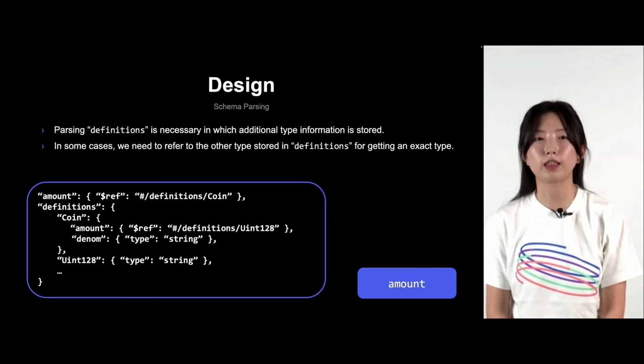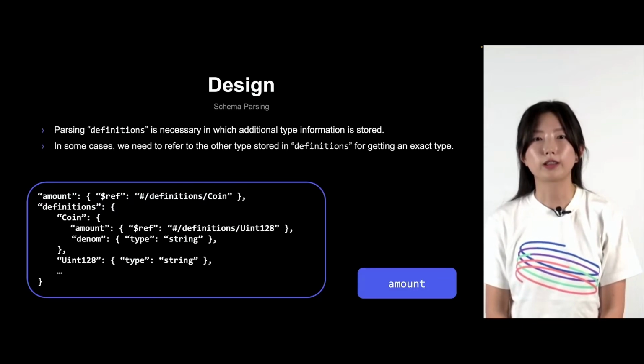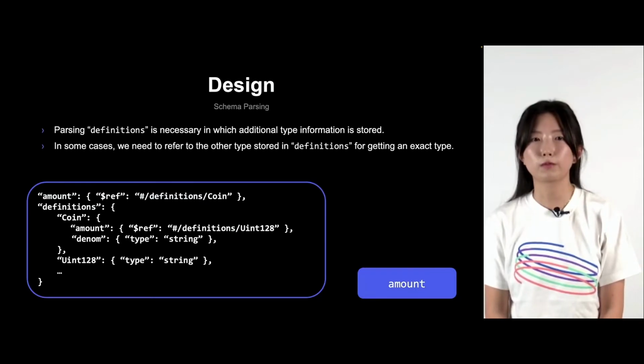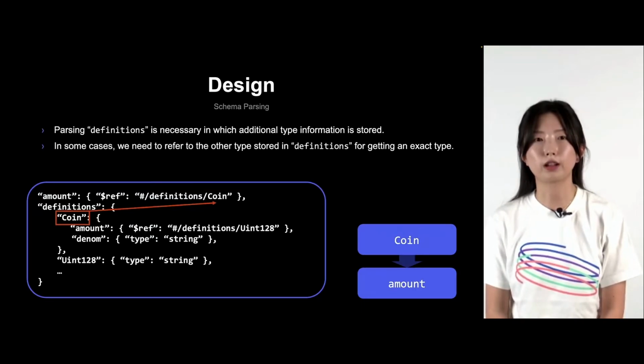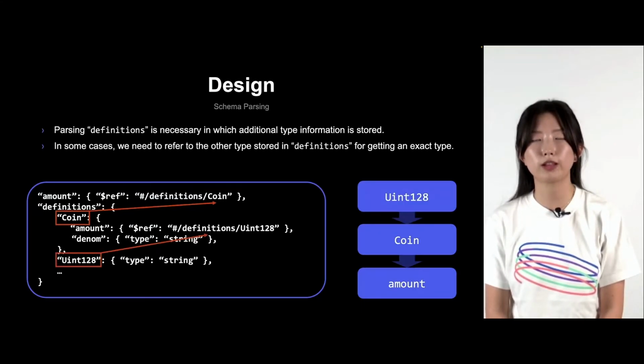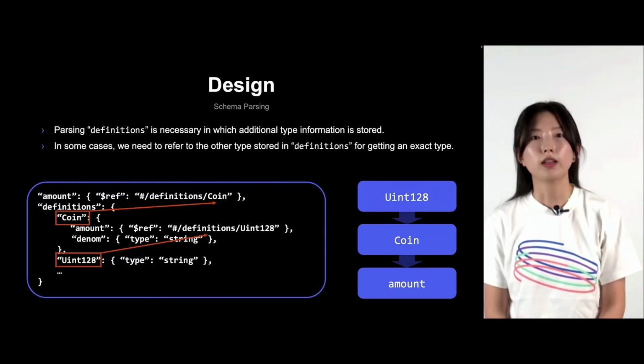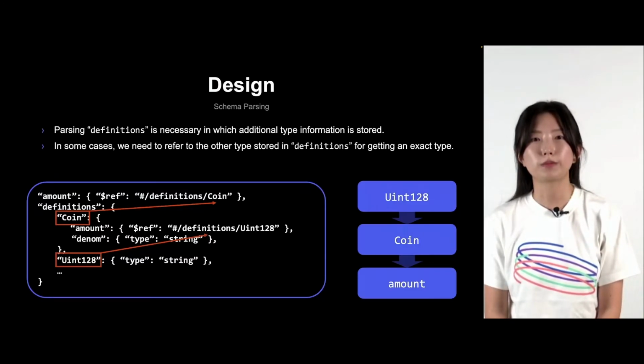Let's say you want to know the variable type called amount. Then you have to look at what the coin type looks like. Coin is composed of two types, and the amount field is uint128. So to skim through the schema, you first store the information on uint128, then you look at the coin, and then you look at the amount.